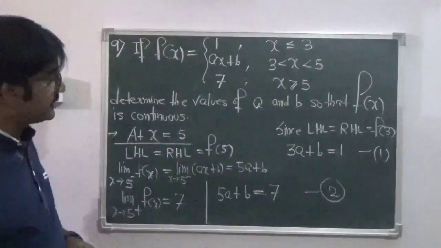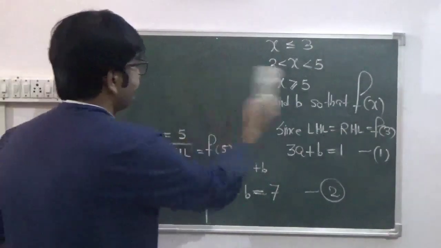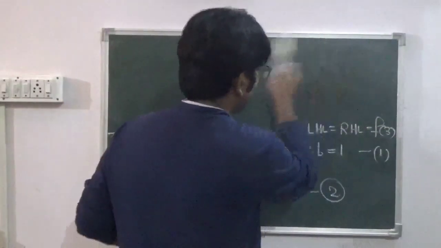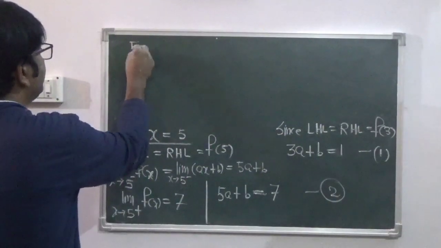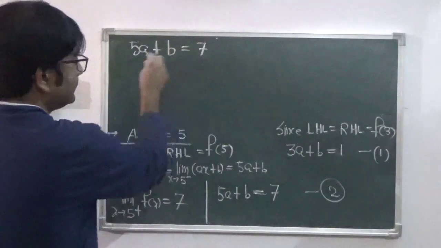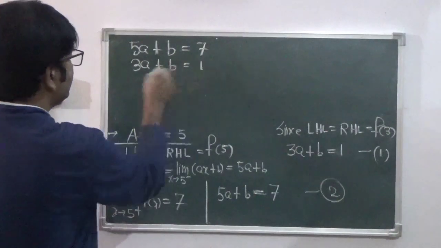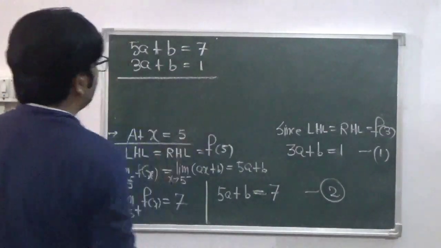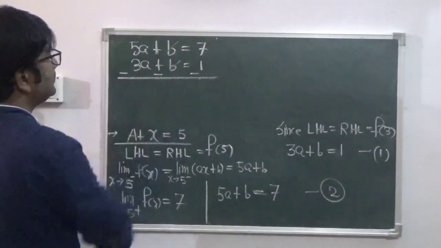So let us now proceed to solve these 2 equations. We have 5a plus b equals 7, and 3a plus b equals 1. If we subtract these two, b will be eliminated.